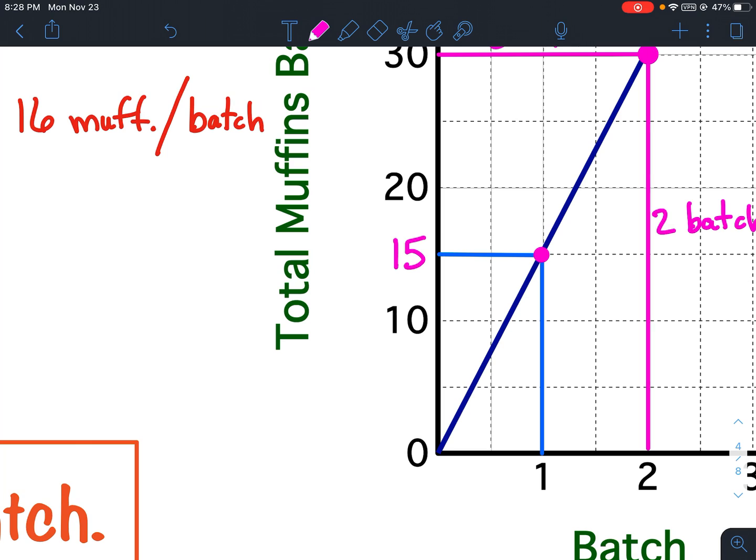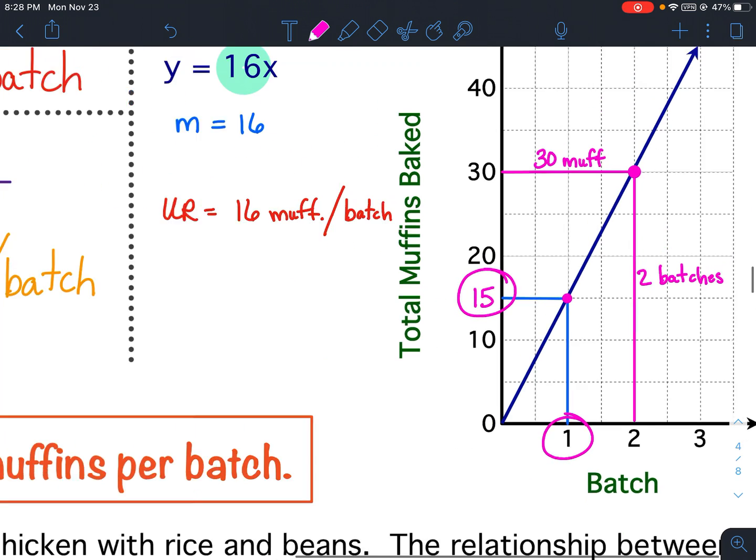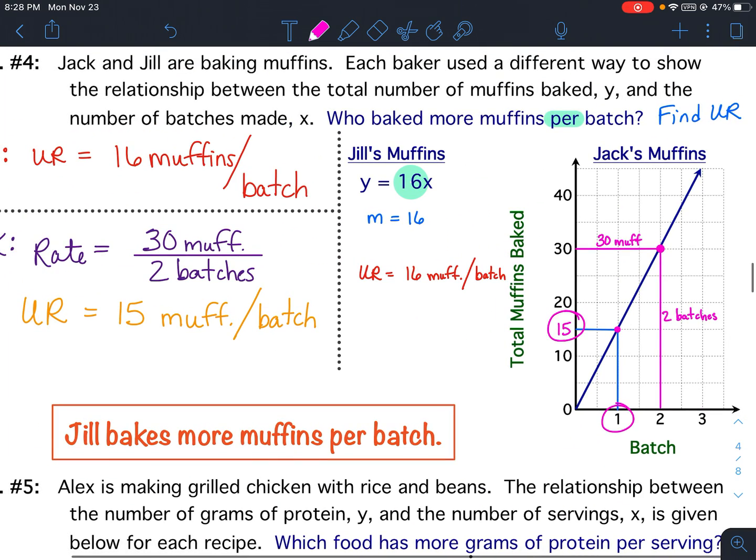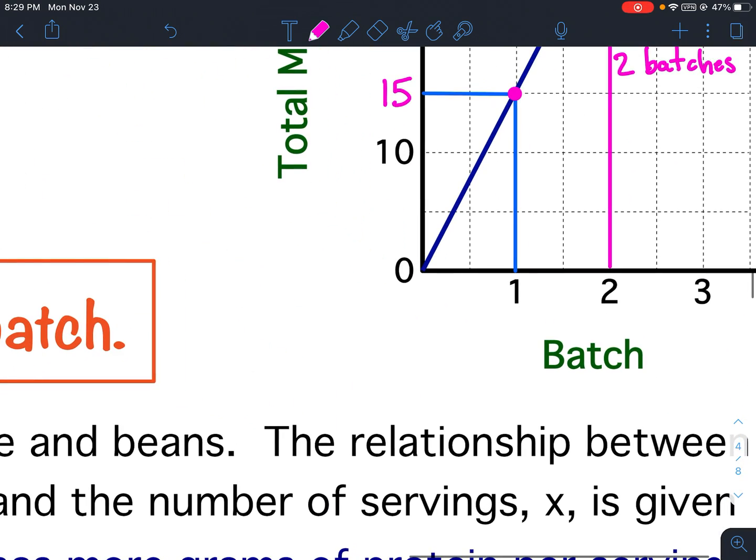So here, I drew my line up and over, it's at 15, so I know that my unit rate is 15 muffins per 1 batch. And isn't that what we got? So technically, we really didn't need to do any work.